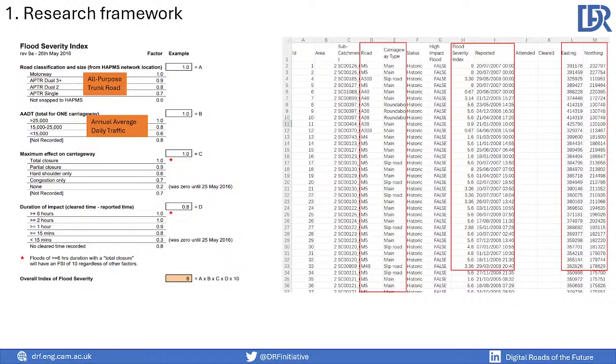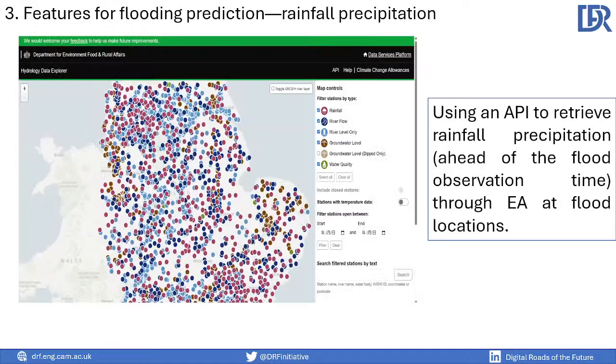But this indicator also includes the road level and the flow, so it's an aggregated indicator. So based on this indicator, if we want to do the flood severity index prediction, we should include those criteria as features in our machine learning model. So we are trying to get all related features to help us do the prediction.